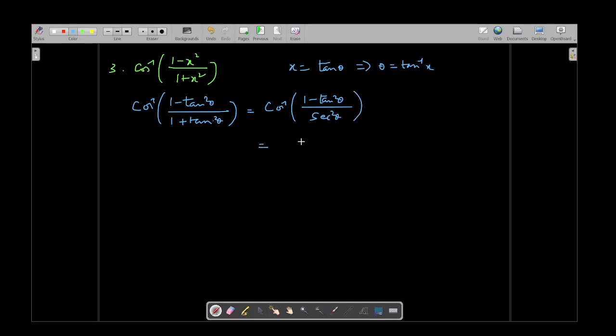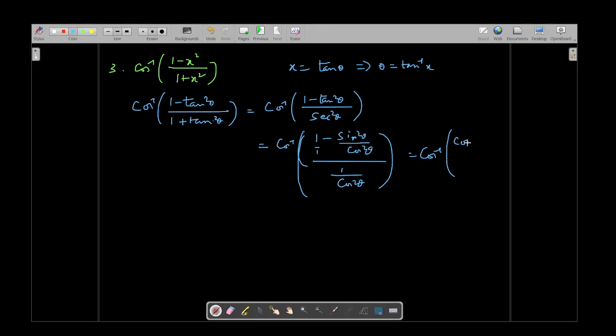This is equal to cos inverse of 1 minus sin square theta by cos square theta, since tan is sin by cos, and this becomes 1 by cos square theta. So this is equal to cos inverse of, if I take LCM here, I'll get (cos square theta minus sin square theta) whole divided by cos square theta, divided by 1 by cos square theta.